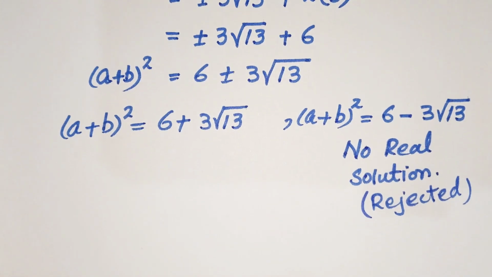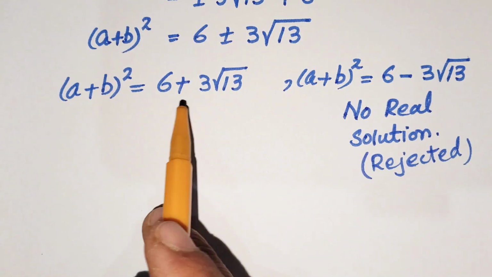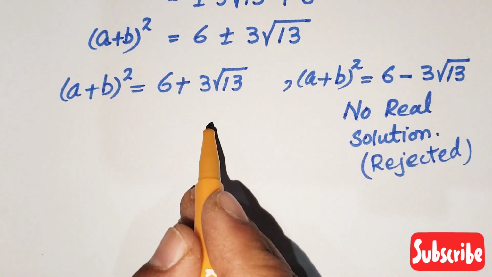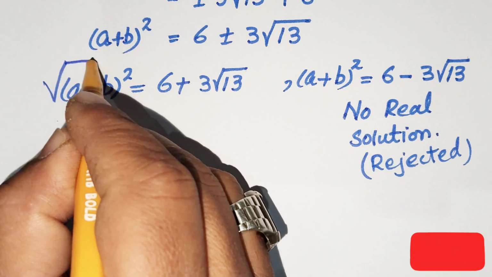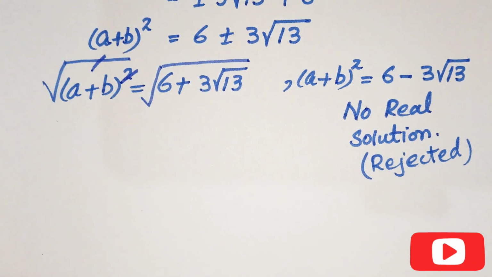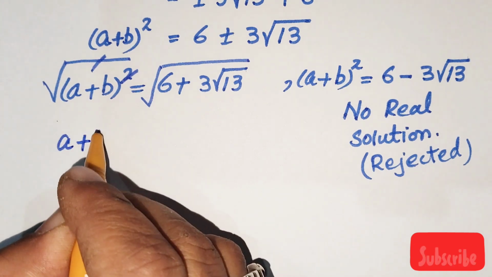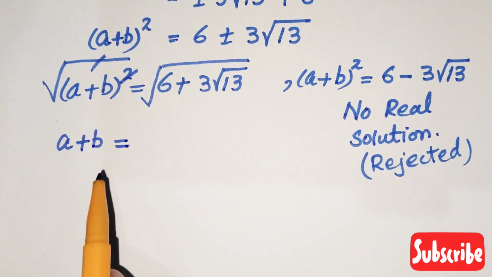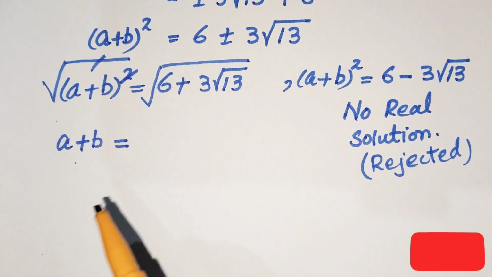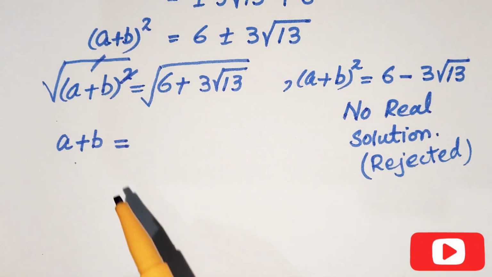Now we are going to solve a plus b whole squared equals 6 plus 3 times square root of 13. If we take the square root on both sides, then cancelling square with square root, a plus b is equal to, as we know that we have to find the value of a plus b, so we are going to find it from this possible condition here.